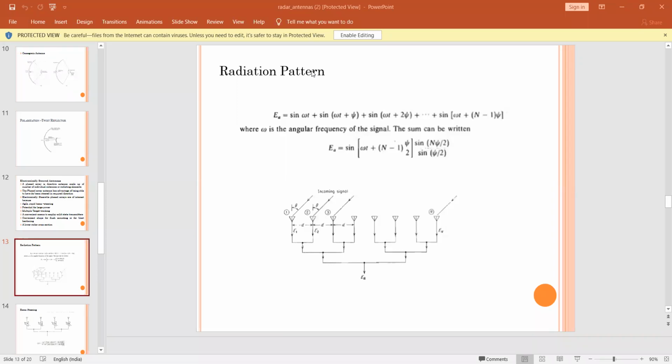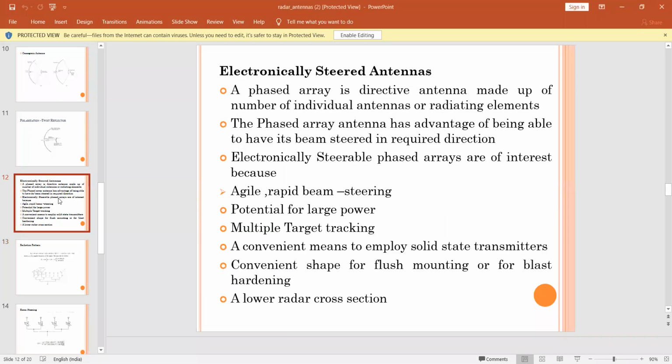It is not like mechanically you are going to rotate the antennas. So what is an electronically steered antenna? Steered is nothing but rotating an antenna.